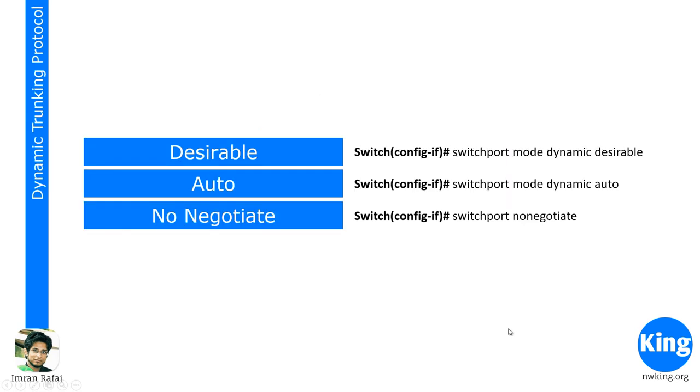When we talk about switch port modes, there is another protocol we need to talk about, and that is the Dynamic Trunking Protocol. Now this protocol is a Cisco proprietary protocol. That means you cannot use this protocol with any switch manufactured by any other manufacturer. Only if you're using a Cisco switch would you be able to use this protocol called DTP.